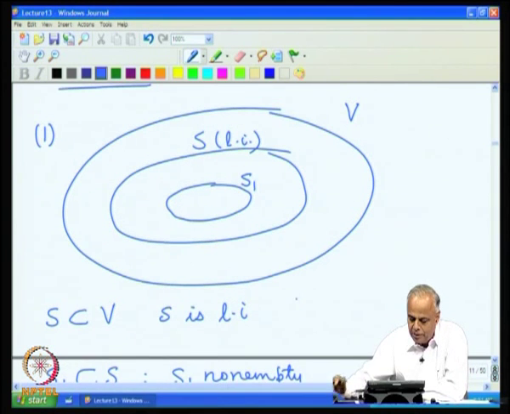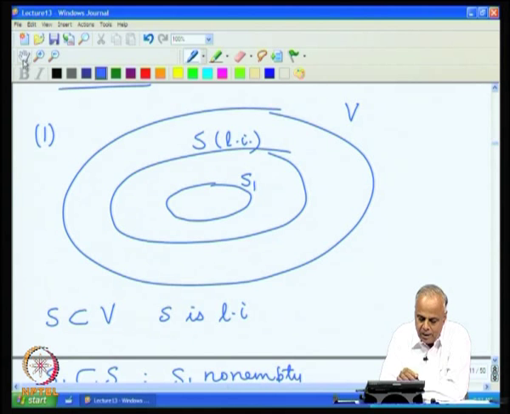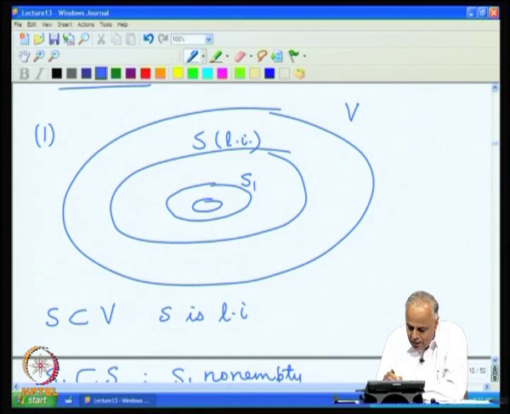So, let us get back to the picture. We had linearly independent set S and inside that is sitting a subset S1. This subset S1 is such that inside that is a set S2 which is linearly dependent. Now, S2 is sitting inside S1 and therefore, it is also sitting inside S. Therefore, S2 is a finite subset of S which is linearly dependent.